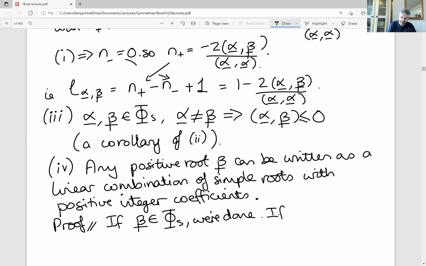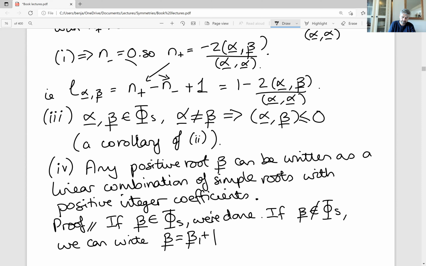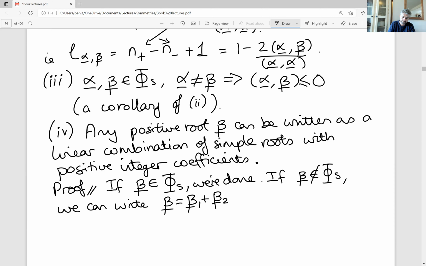If beta isn't a simple root, then what this means is it must be able to be written as the sum of two positive roots by definition of a simple root. So for some positive roots, beta 1 and beta 2.